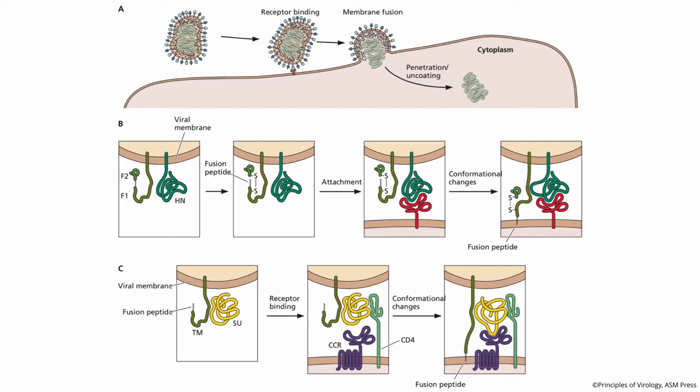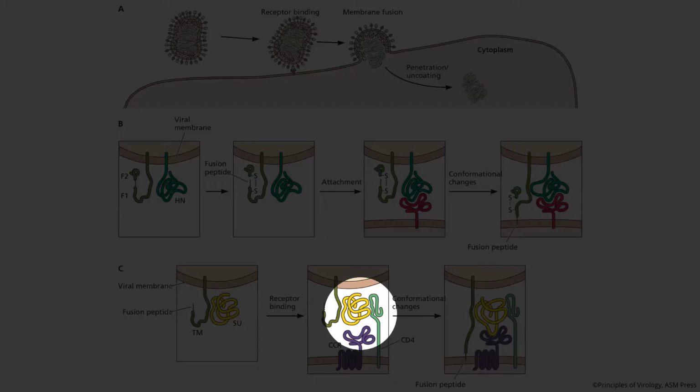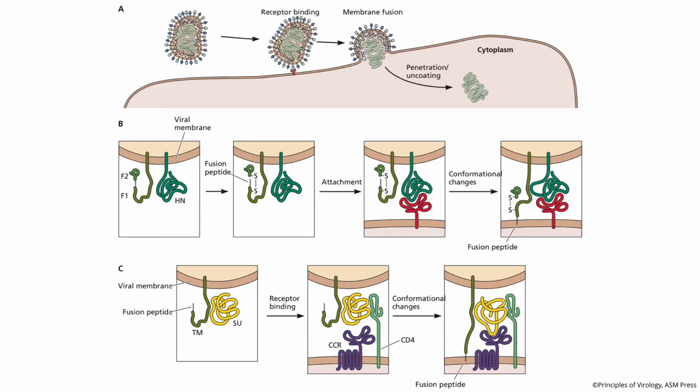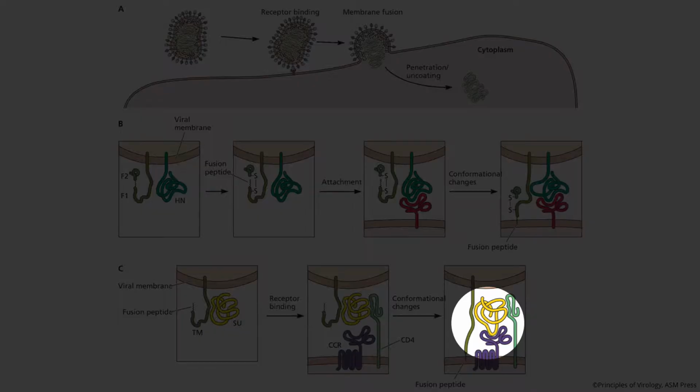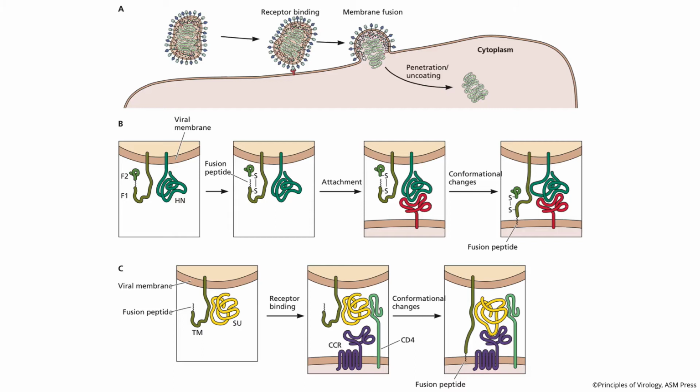It's shown in yellow. So SU initially binds to the CD4 receptor on the host cell, but that's not enough to get virus infection. You need to bind to a second receptor, which is a chemokine receptor called CCR. The binding of CD4 to the viral SU protein induces a conformational change in SU, which makes for high affinity binding, and that unfolds the fusion peptide.